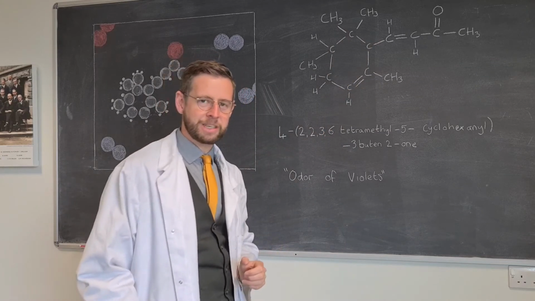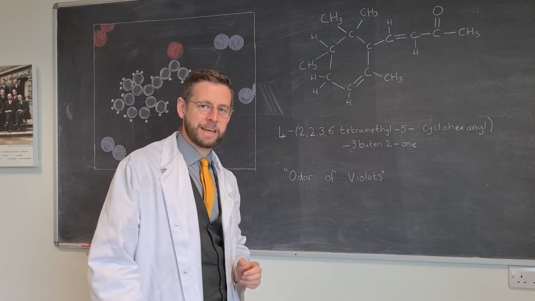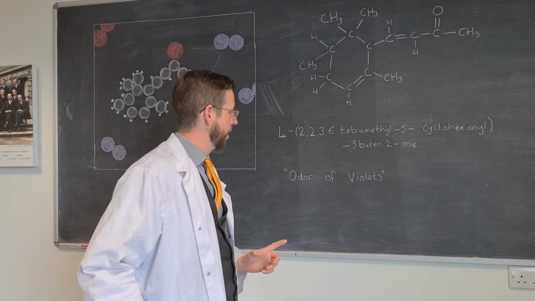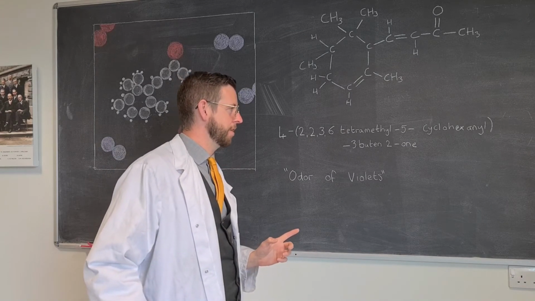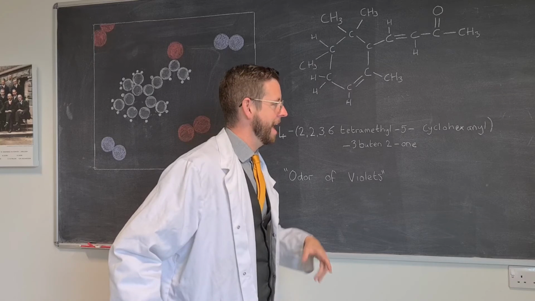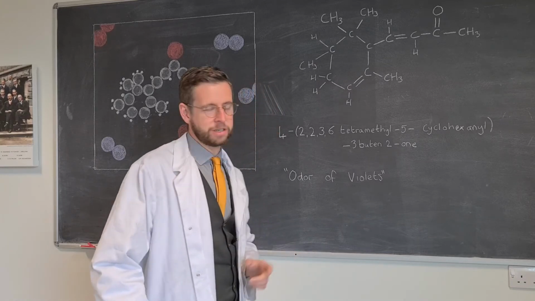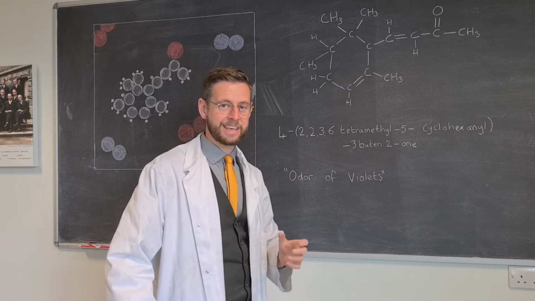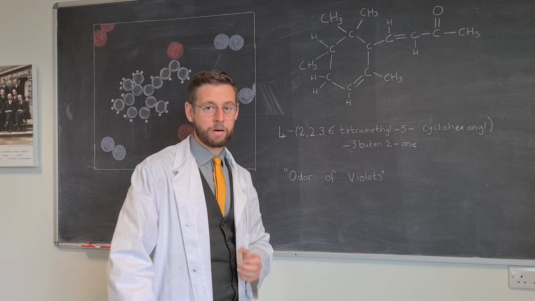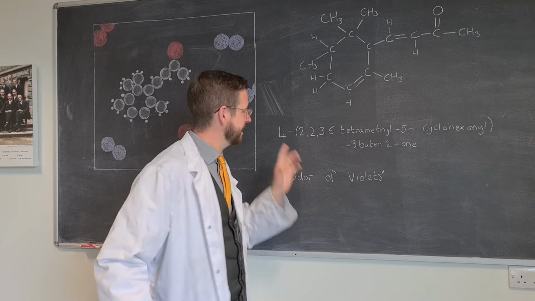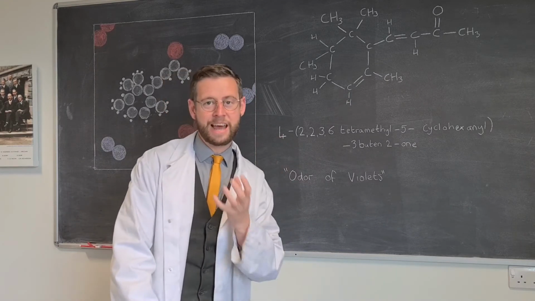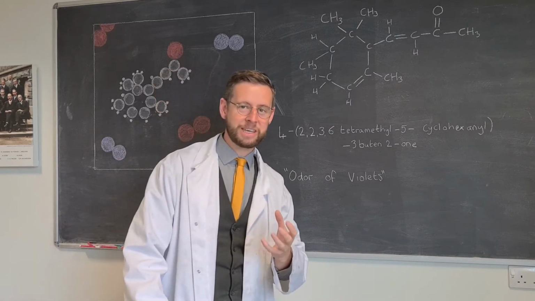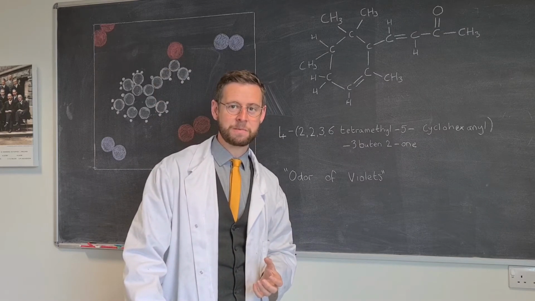But the way in which it is listed in the Feynman lectures is like this: 4-(2,2,3,6-tetramethyl-5-cyclohexanyl)-3-butan-2-one. This is the odour of violets, and it is this that we detect with our nose when we smell some flowers.